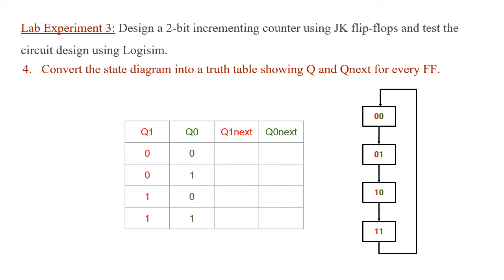And now from the state diagram, we're going to complete the table according to the current state and the next state. So if the current state is 0, 0, then the next state would be 0, 1. Next, if the current state is 0, 1, then the next state is going to be 1, 0.